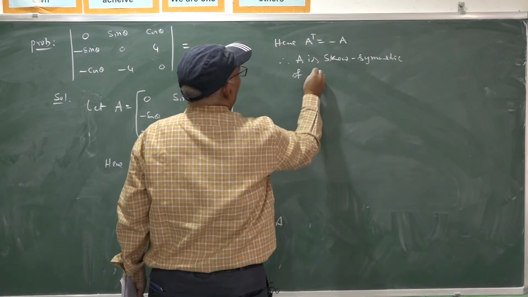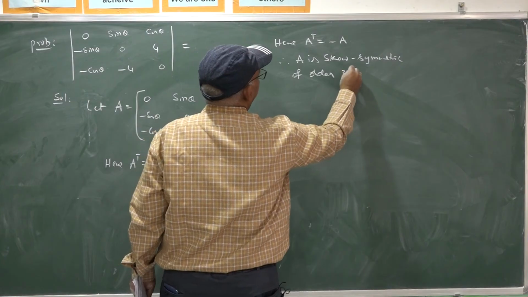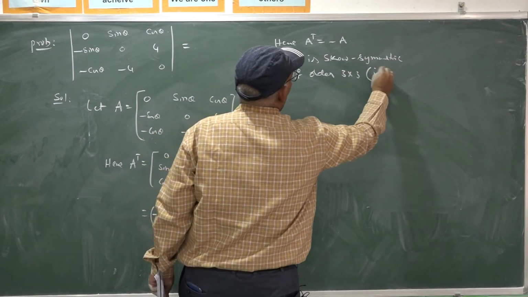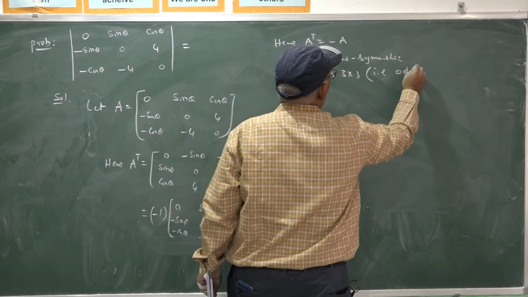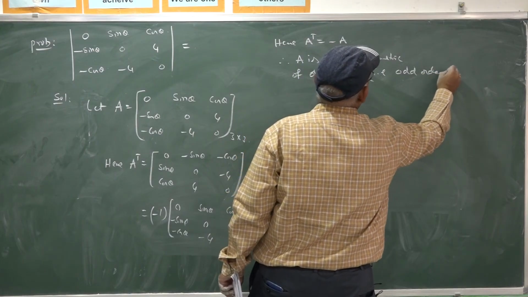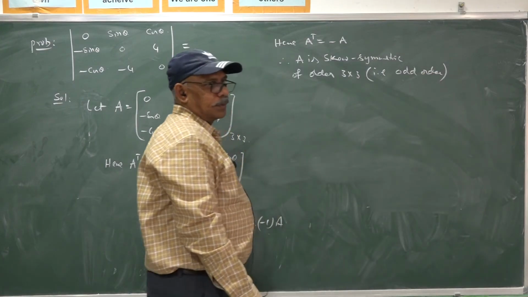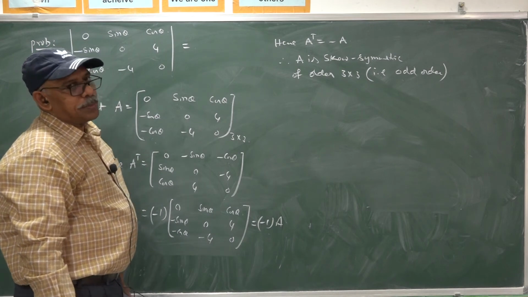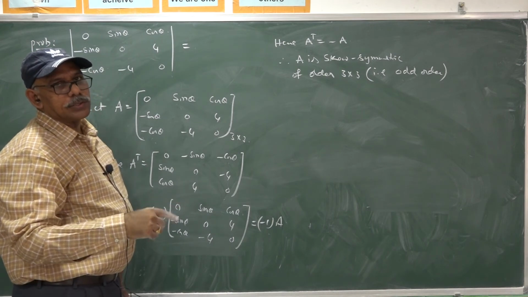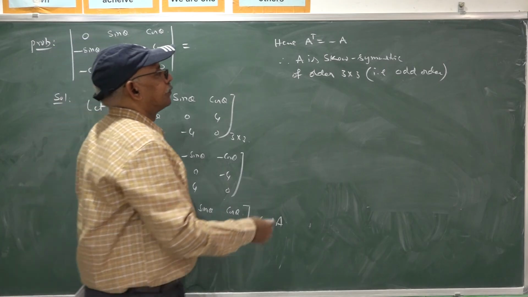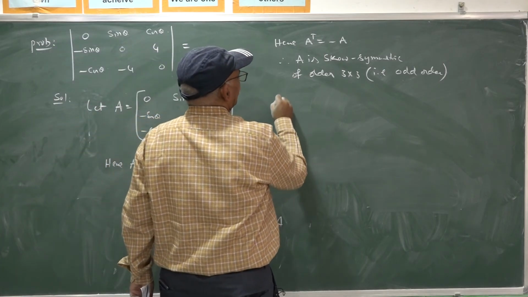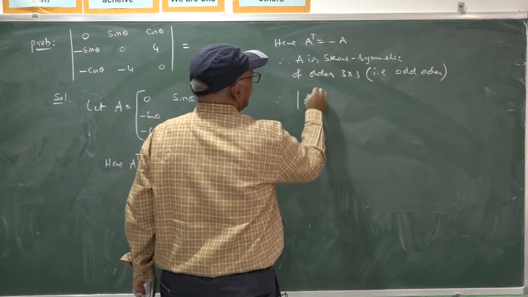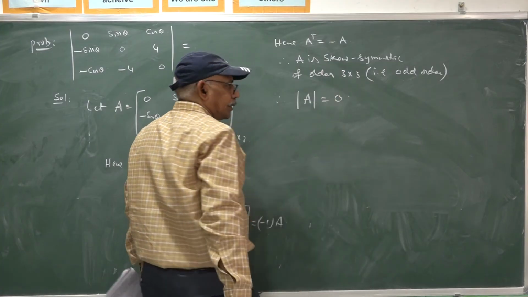Of order 3 by 3. That is odd order. The determinant of a skew symmetric matrix of odd order is always 0. By that property, the determinant of A is clearly 0.